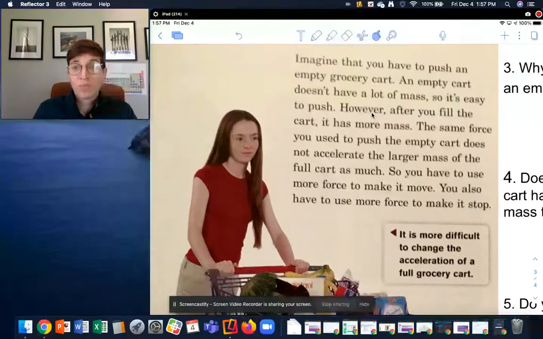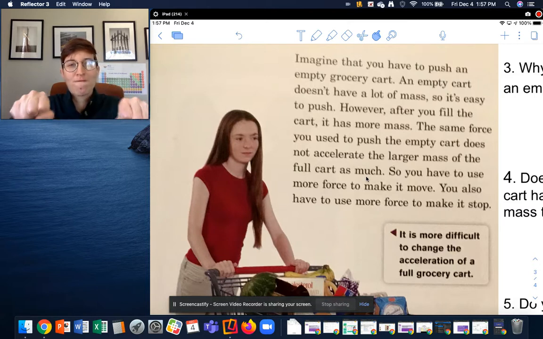However, after you fill the cart, it has more mass. The same force you use to push the empty cart does not accelerate the larger mass of the full cart as much. You have to push with more force with a larger mass.